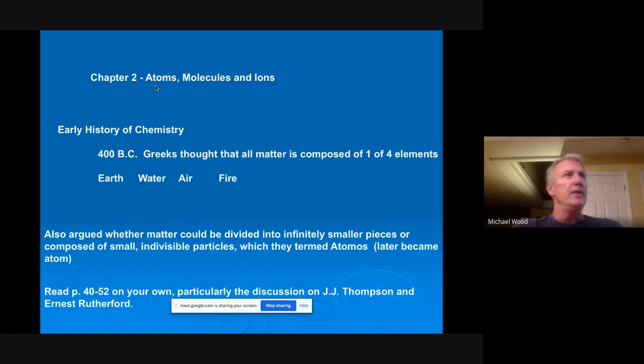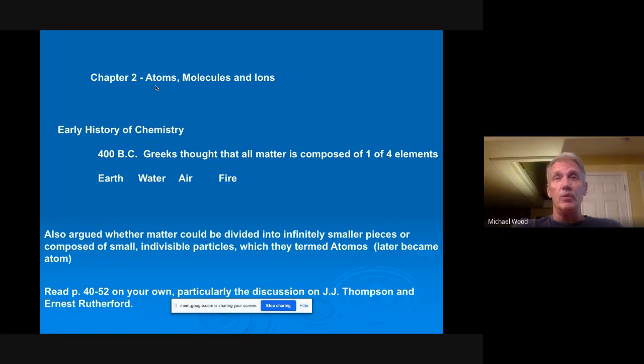And real quick, the first person to come up with truly an empirical model with some data on the atom was a guy named John Dalton, a British school teacher, and he looked at different compounds that consisted of the same elements, like CO and CO2, or H2O and H2O2.